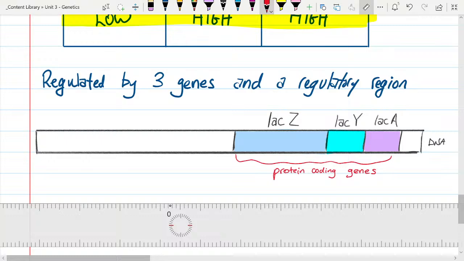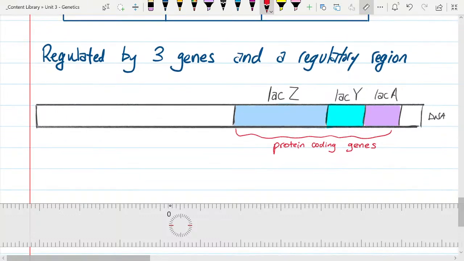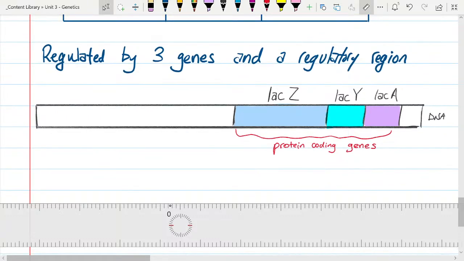And then over here, we have the regulatory region. And the regulatory region has actually another protein coding gene, right? Over here we had LAC-Z, LAC-Y, and LAC-A. Here, of course, we have LAC-I.